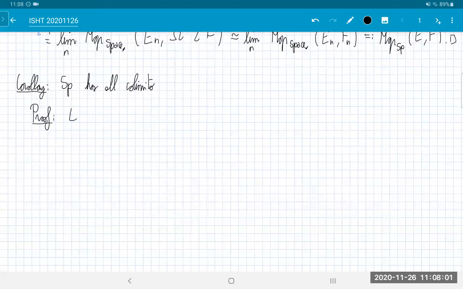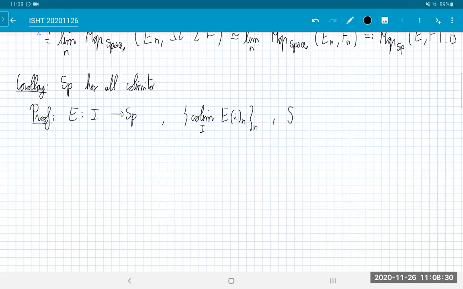So as a proof, we have a functor from I to spectra. We can take a colimit, colim I of E_I n, and these maps from sigma of colim I E_I n to the colim of E_I n plus one.